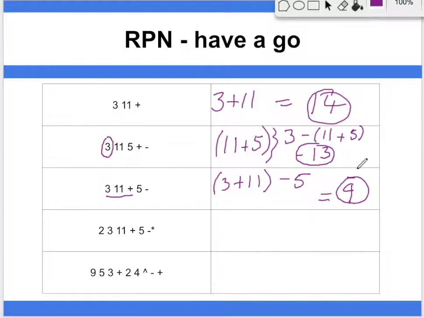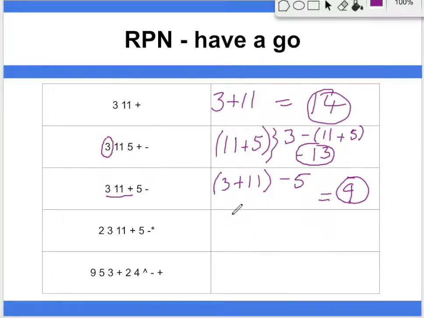With the fourth one, we are going to first of all evaluate 11 and 3, which is going to be 14, and then we're going to subtract 5 from it to give us 9, and then we're going to multiply it by 2.